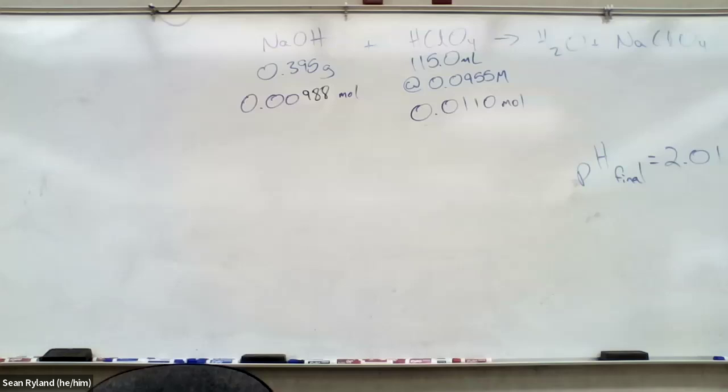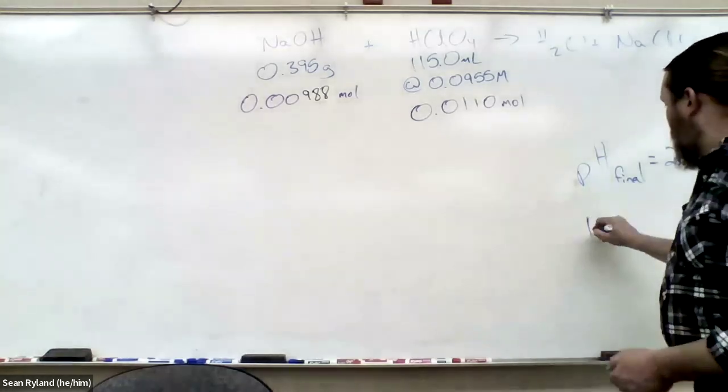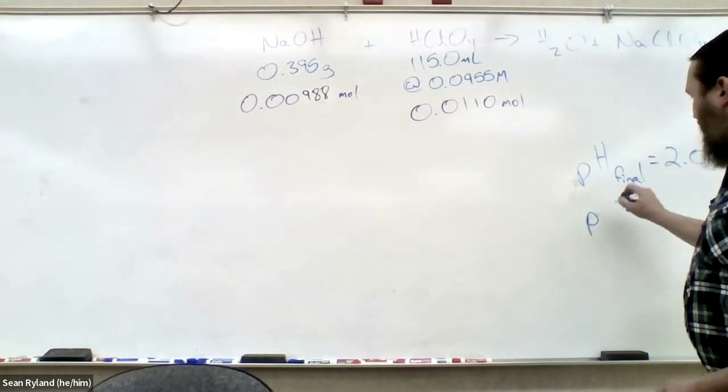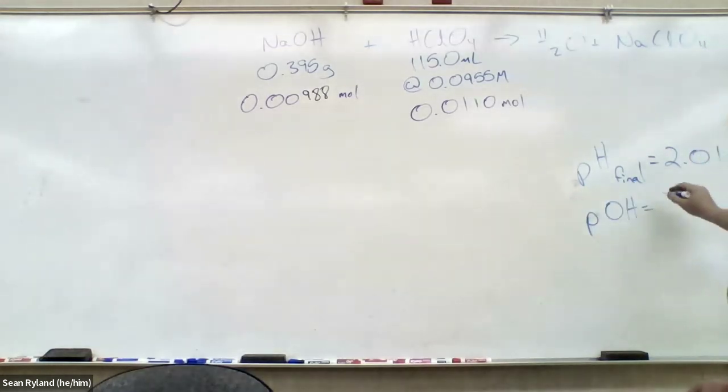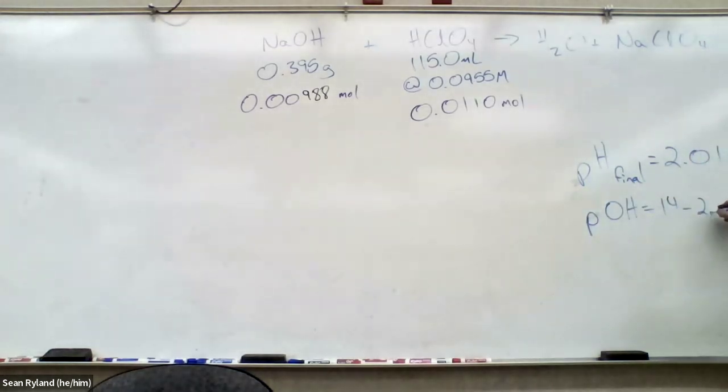So then, if you know your final pH, your pOH is 14 minus 2.01, because pH plus pOH always equals 14.